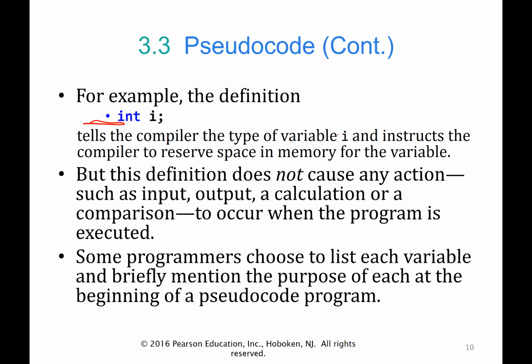So some programmers choose to list each variable and briefly mention the purpose at the beginning of the pseudocode program. I prefer that technique. Now, I don't necessarily have a comment for each variable. I usually try to use names of variables that make sense.